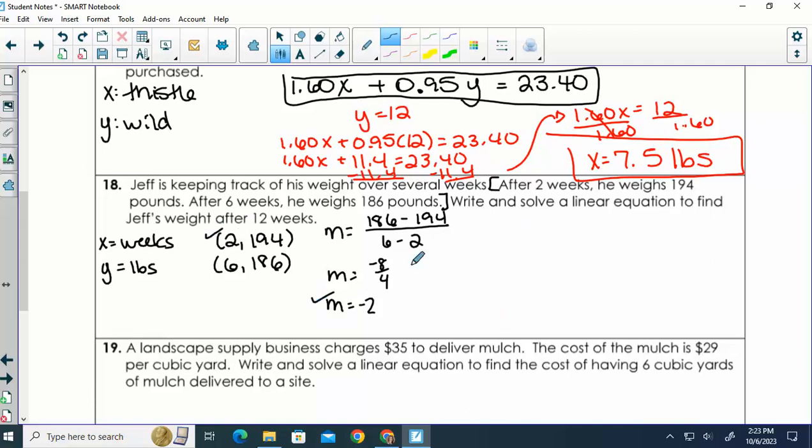Take the slope and one of the points and do our y minus y1 equals m times x minus x1. We have y minus 194 equals -2x plus 4.